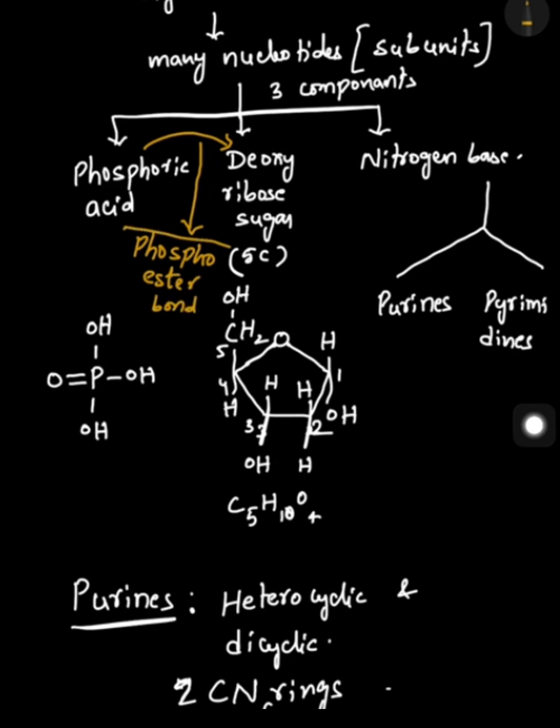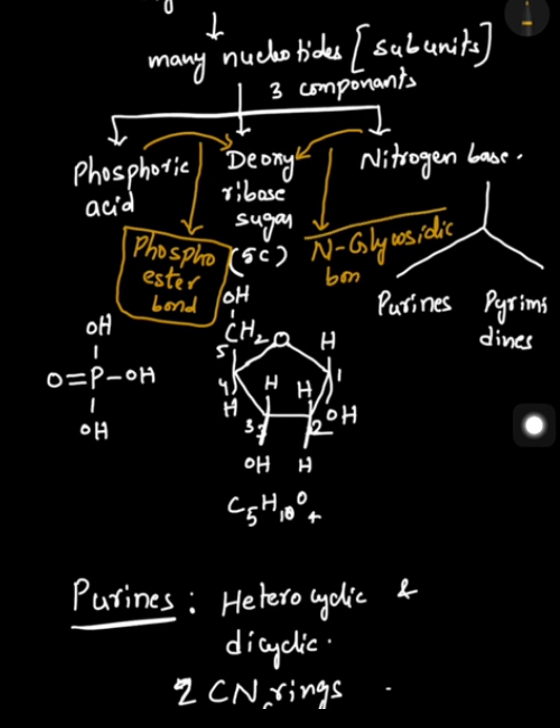Nitrogen base attaches to the sugar by N-glycosidic linkage or N-glycosidic bond. The bond between sugar and the nitrogen base is N-glycosidic bond. The bond between the phosphoric acid or phosphate and the sugar is phosphoester bond, or simply we can say ester bond.